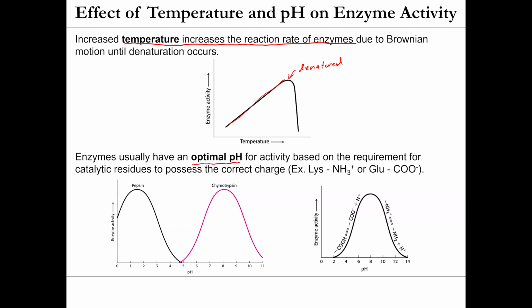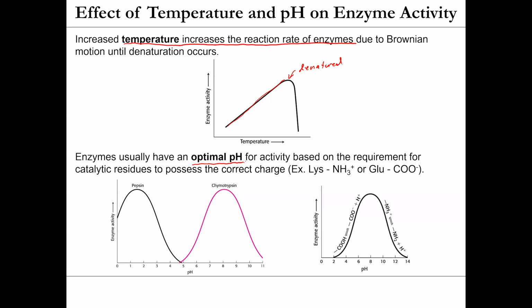Enzymes also usually have an optimal pH for activity based on those catalytic residues that actually perform the catalytic reaction. So you saw how important it was, particularly for histidine in chymotrypsin, for it to be a general acid-base donor and acceptor. And so there's going to be an optimal pH where that reaction is going to happen at its fastest rate.